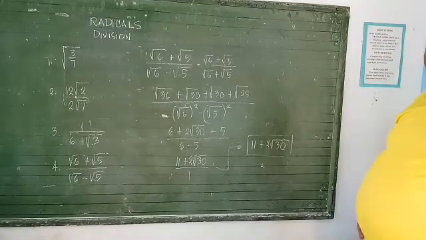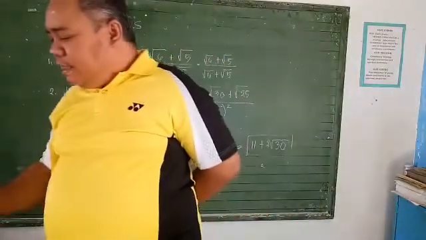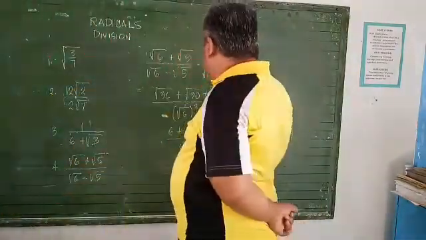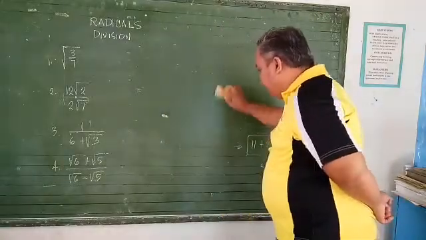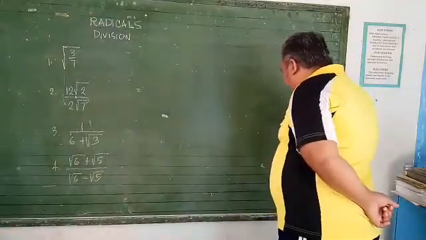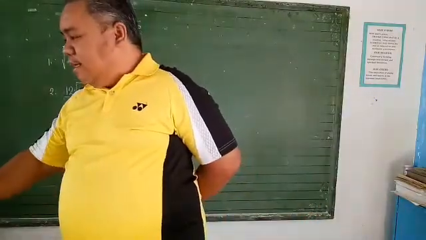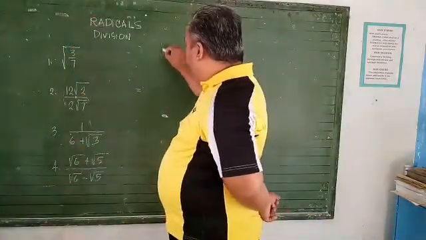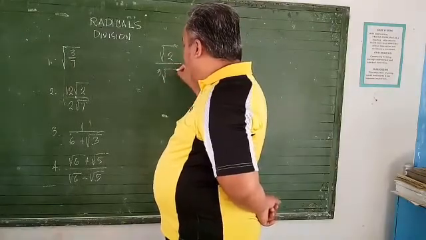Okay? Now, there were times when there are radicals being divided but they have different indices. Let's say, the square root of 2 divided by cube root of 3.